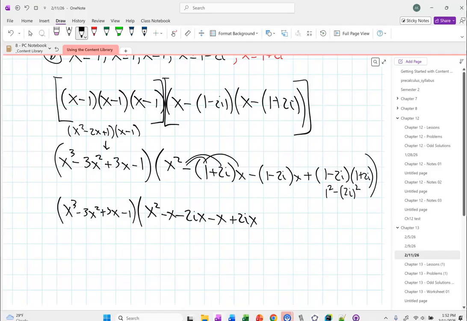What's 2i squared? 4 times i squared, right? And what's i squared equal? Negative 1. And negative 4 times negative 1 is positive 4. So we have a plus 5 there at the end. Make sure you're writing it down.